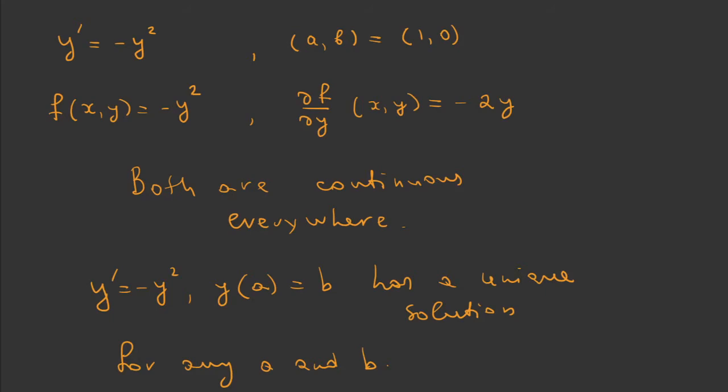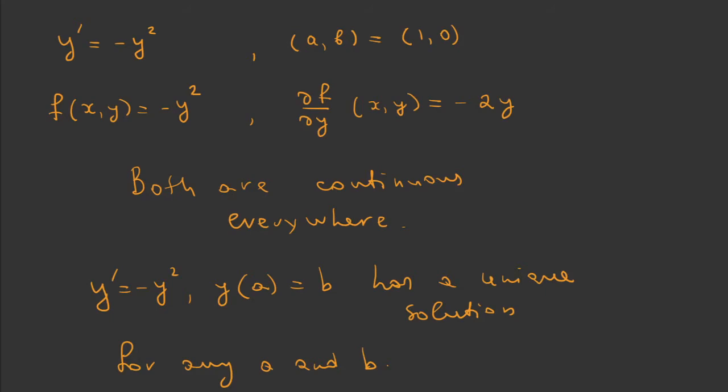Its partial derivative with respect to y equals negative 2y. Both of these functions are defined and continuous everywhere on the entire xy plane. Therefore, the existence and uniqueness theorem guarantees that the initial value problem y prime equals negative y squared, y of a equals b, has a unique solution regardless of what the values of a and b are.